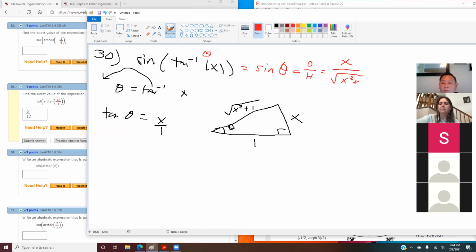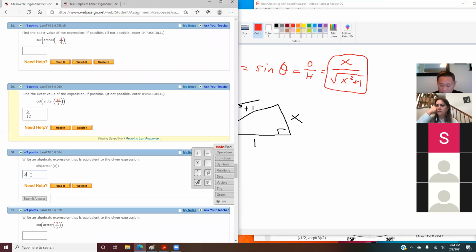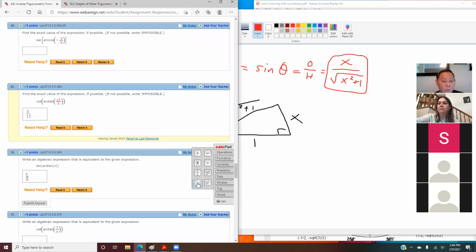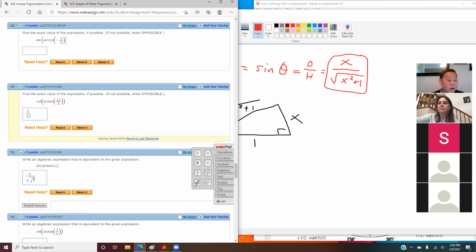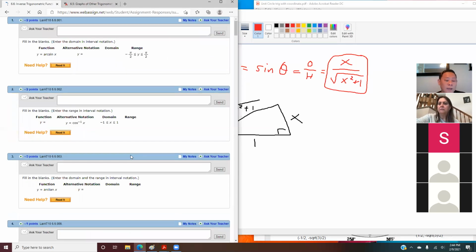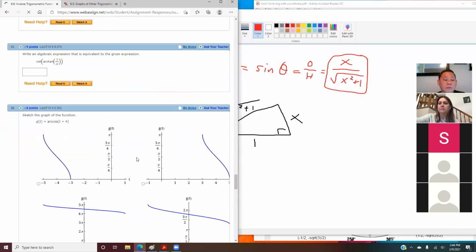And this is your answer. So if you have x terms, your answer will be x divided by the square root of x squared plus 1. And again, this is all calculus type questions.